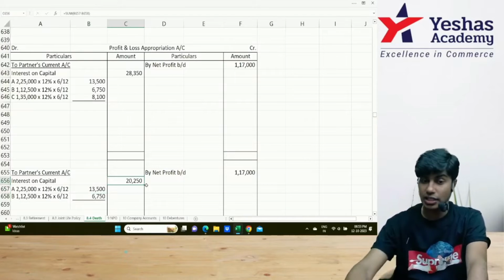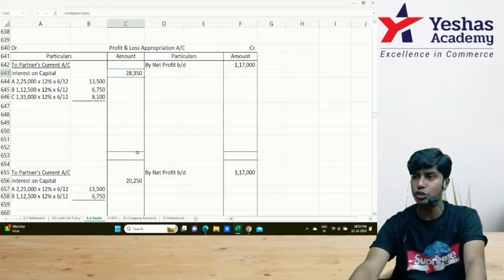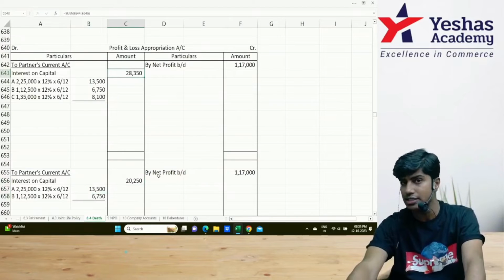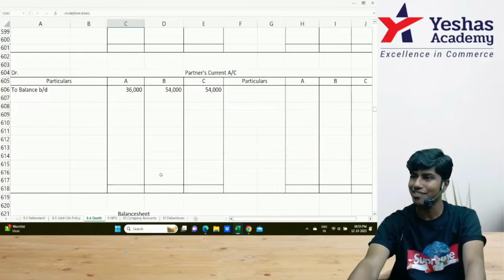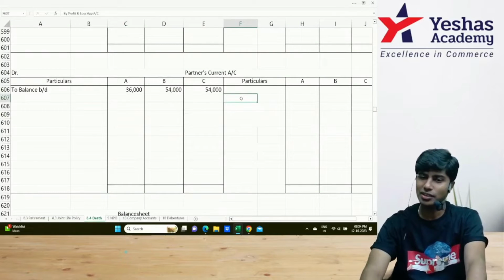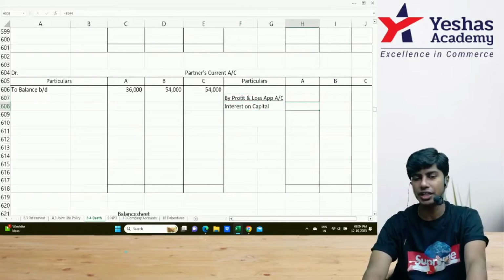Very good. This 20,250 and 28,350 we should share to partners. Their capital will increase, but we will not write it in capital account. Instead, we will write in current account. Why? Because we have current account. By profit and loss appropriation, interest. How much?